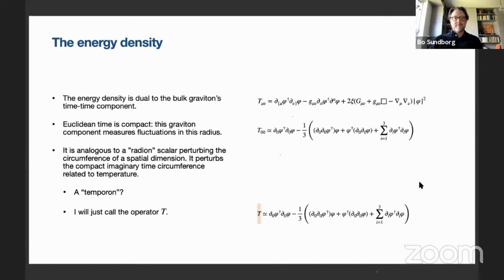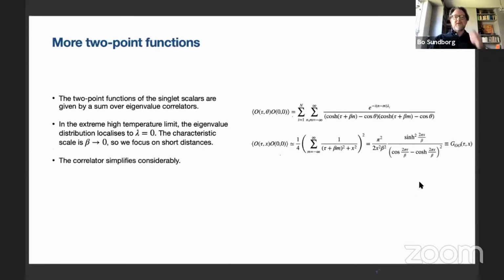And then we can study the 2-point functions. For singlet scalars, I displayed this, I calculated this correlator before.